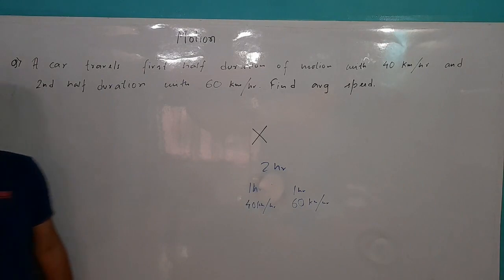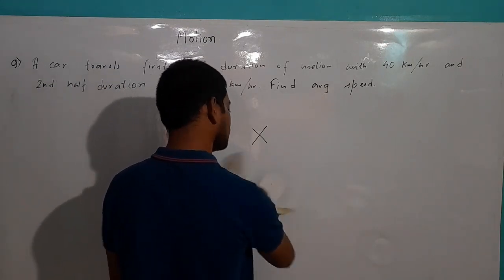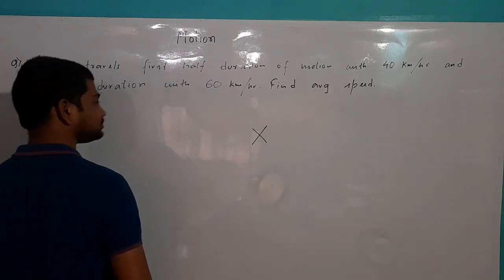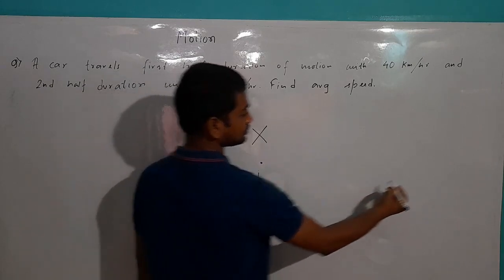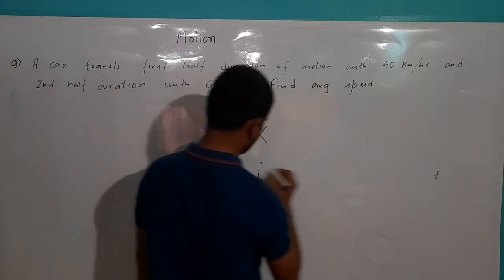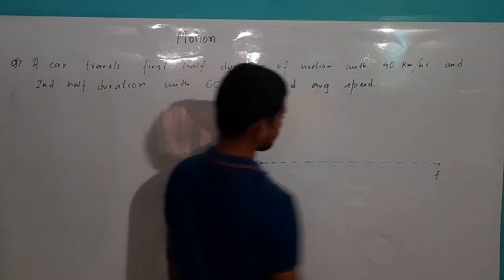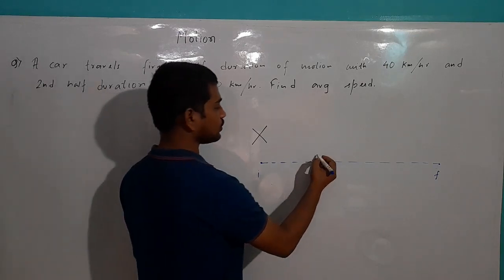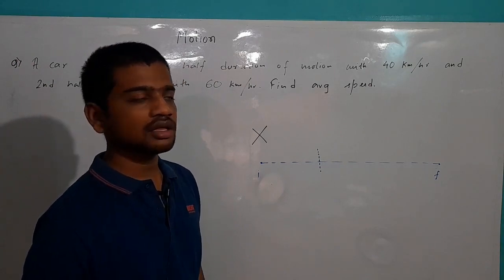Since it is not given what's the total duration of motion, we'll take some variables. Suppose we have a car, this is the starting point, the initial point, and this is the final point. For the first half duration, he travels with 40 km per hour. Suppose the total time duration is 2t.